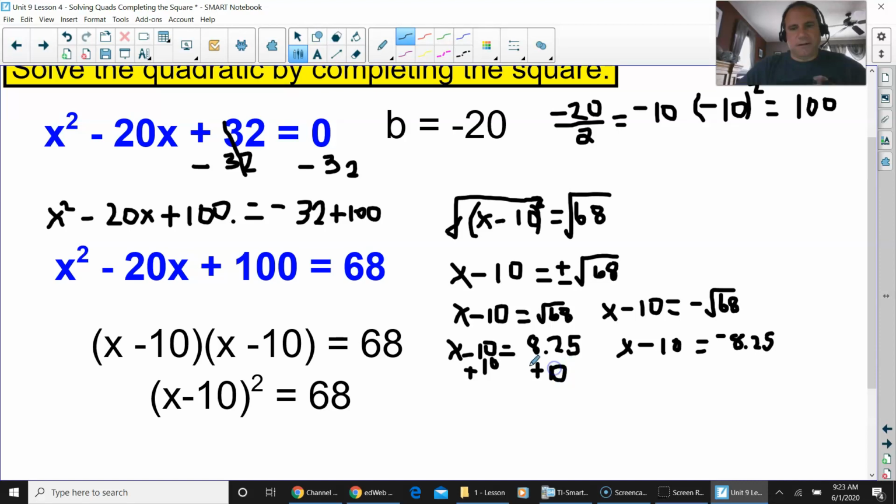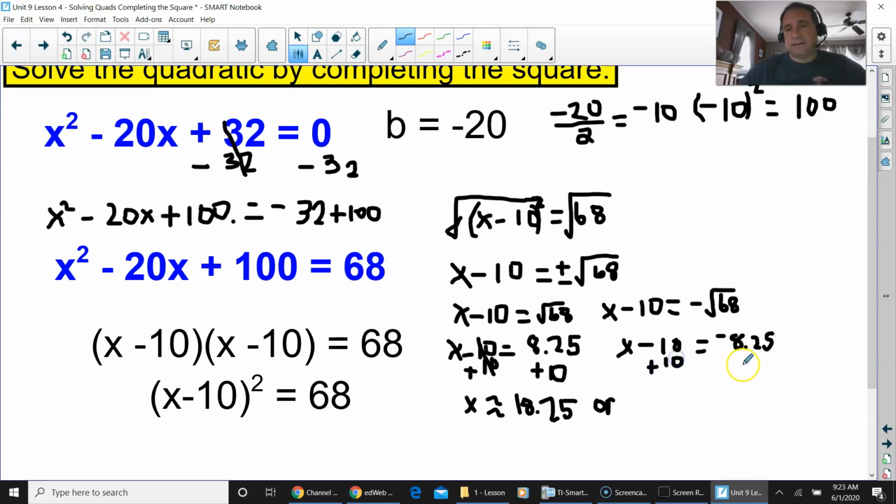Here, the 10s cancel. You have x equals, and I'm going to do the squiggly equal sign, 18.25. That is one root. That is going to be off your screen if you have it on the calculator, because the calculator is 10 by 10.